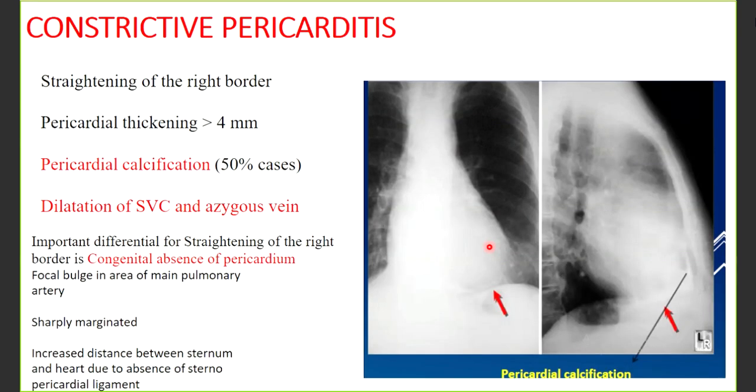Constrictive pericarditis is yet another common diagnosis. When we take an X-ray, we should take both lateral and PA views, and you can see that the right border of the heart is very commonly straight, and in lateral view you can see a lot of calcium along the pericardial aspect.